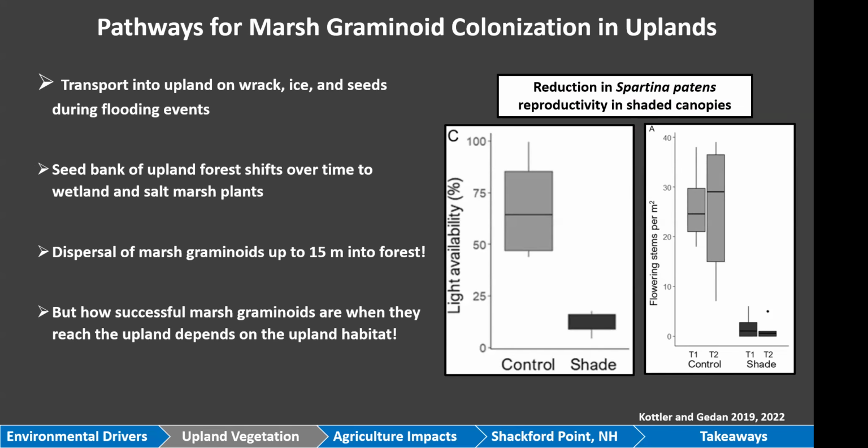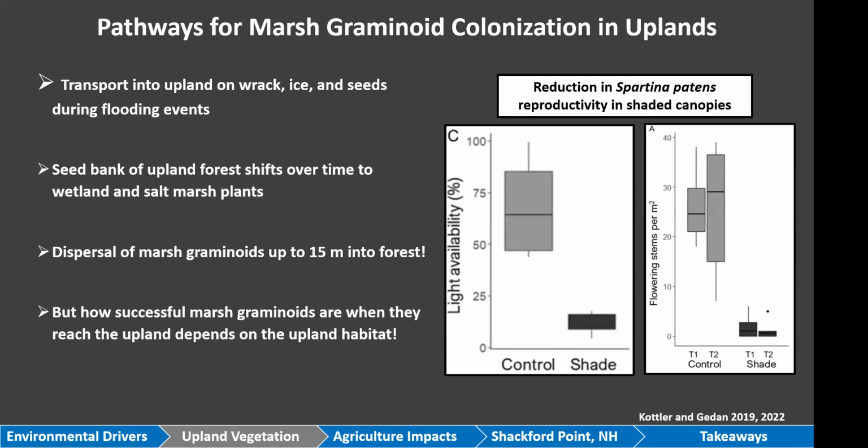I would like to say there have been some studies that looked at what happens when you have the right environmental conditions for marsh migration, especially groundwater table, flooding, or salinity. There have been a few great studies out of Gideon's lab. When they did some transects into forest down in Virginia, they were finding marsh graminoids trying to sprout up to 15 meters into that forest.